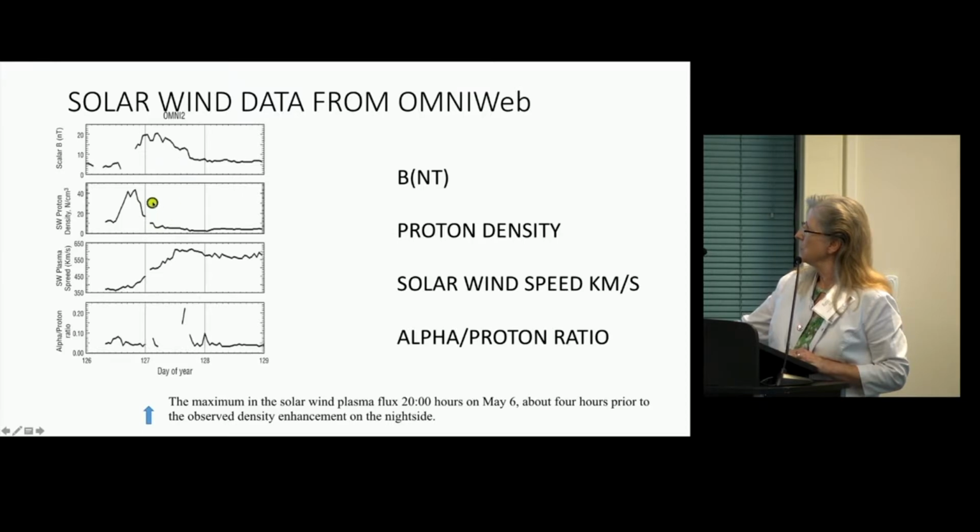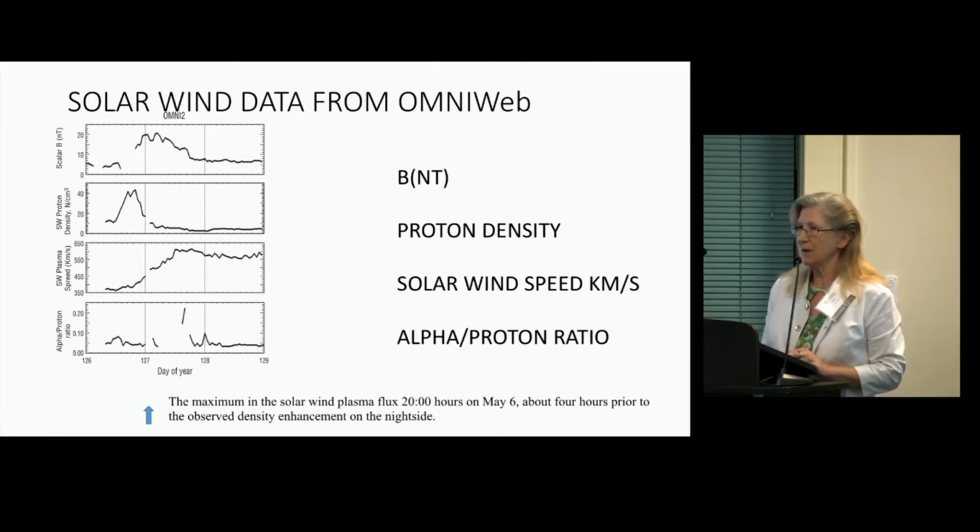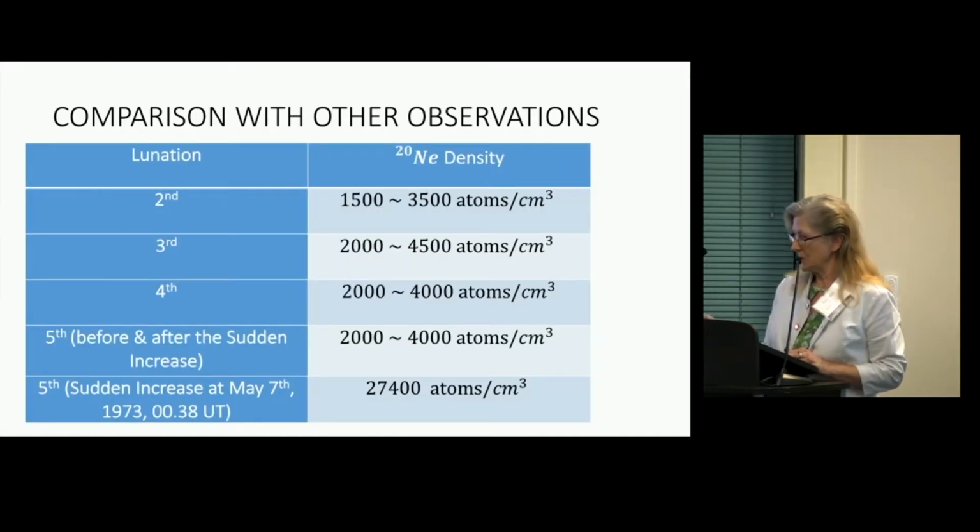There's our measurement, approximately here. After this, the solar wind speed increased, but the flux actually was greatest during the 10 hours before our measurement of the increase in neon. So the question is, what's going on here?